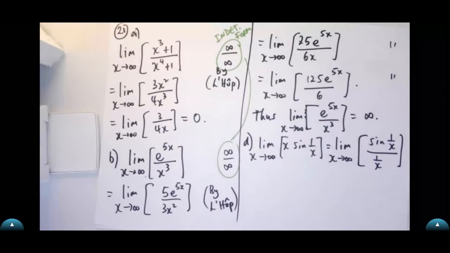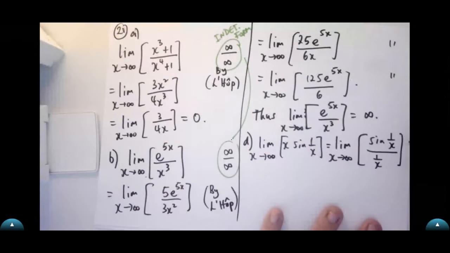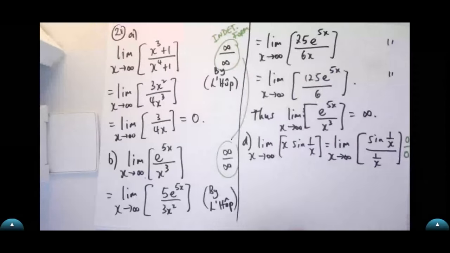How cool is that? So we can work with the function to give us the quotient that we're looking for. Okay, so what is the limit of the top? 0. What is the limit of the bottom? Also 0. So we get that indeterminate form that we're looking for.